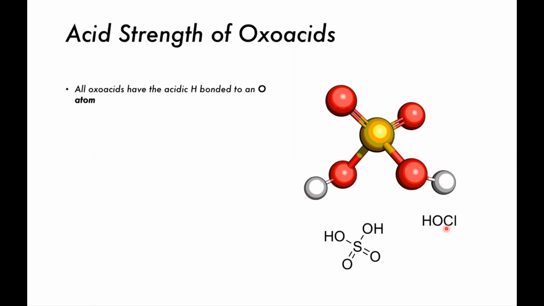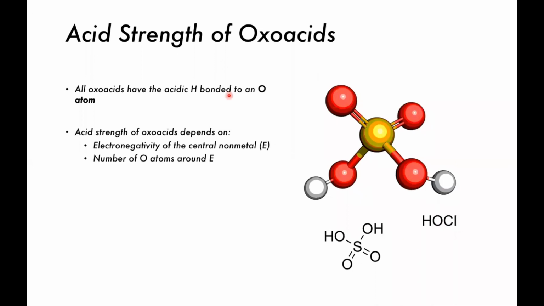Then we can also have other oxo acids such as HOCl, which is hypochlorous acid. There is a difference of 0 between the number of hydrogens and oxygens, and that indicates to us that this is a weak acid. So all oxo acids have acidic H bonded to an oxygen atom.